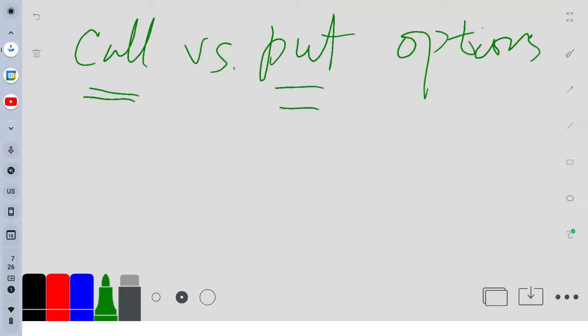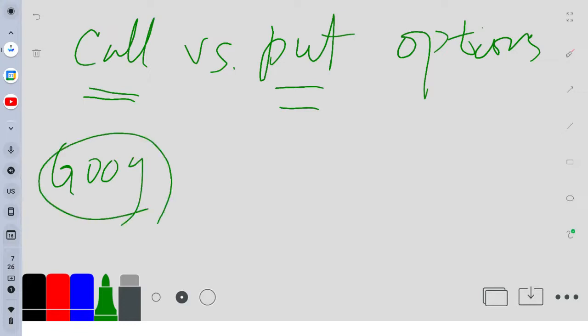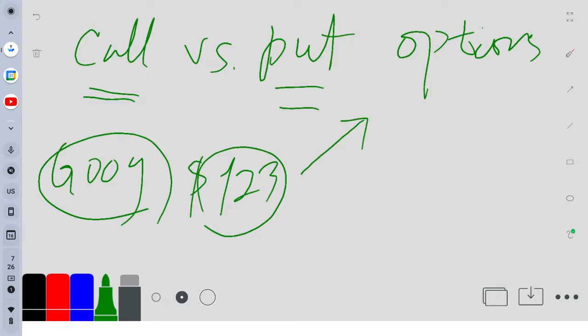Let's say you have Google stock, and currently it is $123. Let's say you're going to sell it if the price goes up. If the price is 130, you want to sell it, right?